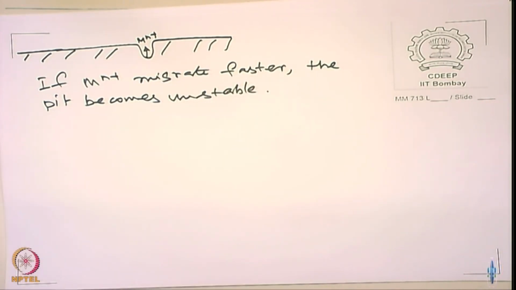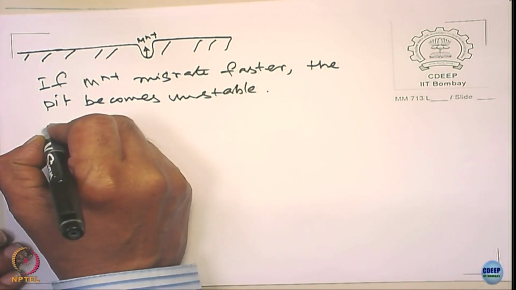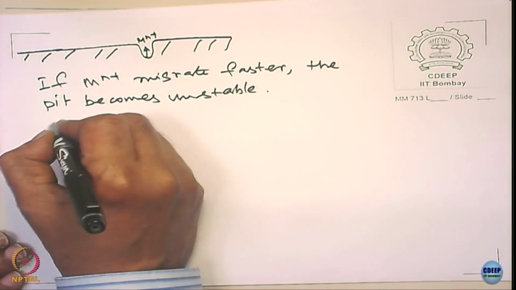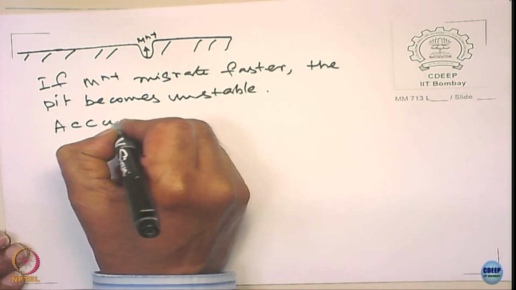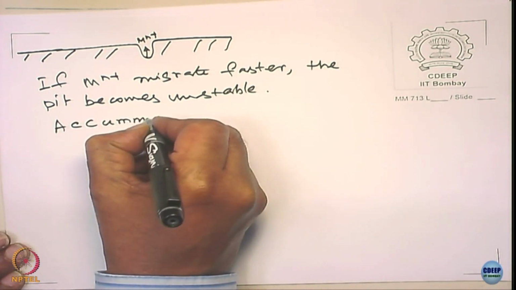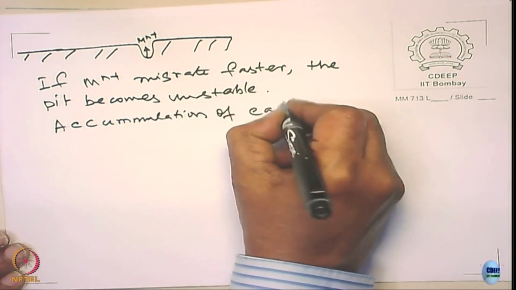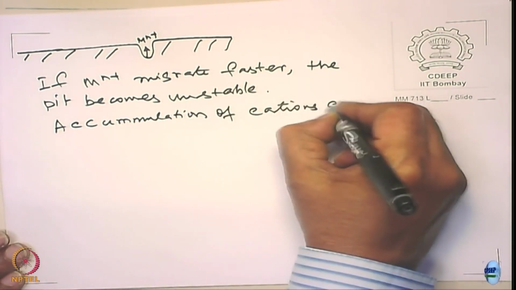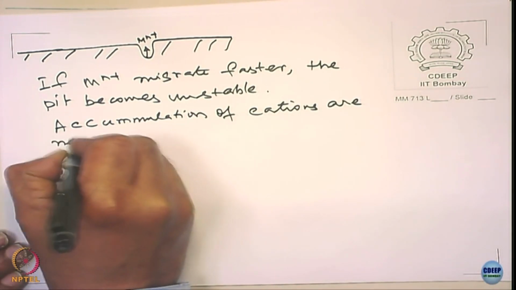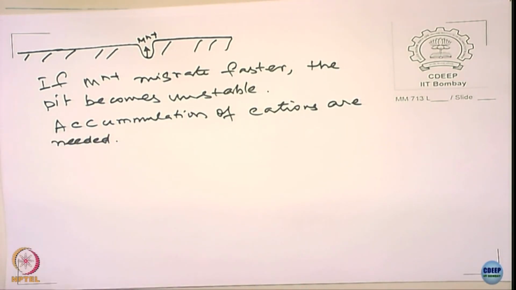Or I put it the other way around, you need accumulation of cations. If they are not accumulated, if they are washed away from the surface, the pitting will not be stable, and the surface becomes passive again. Now let us look at this.